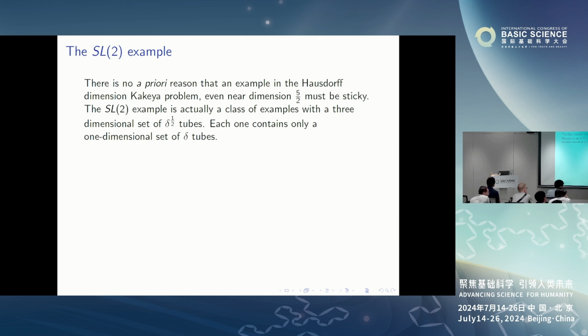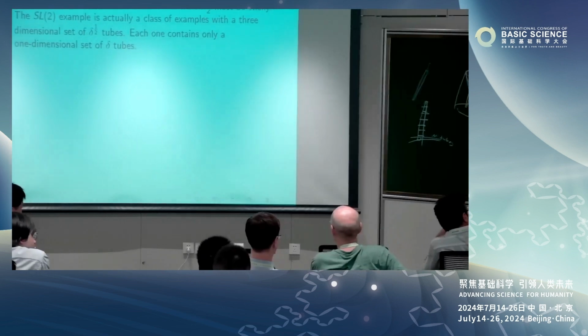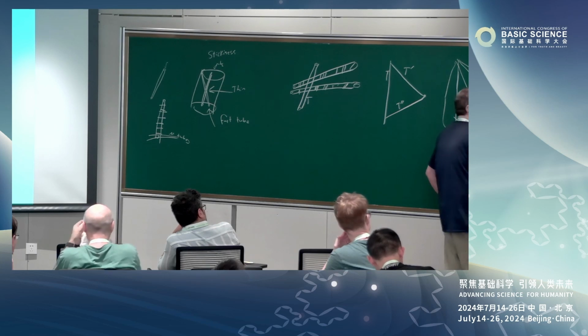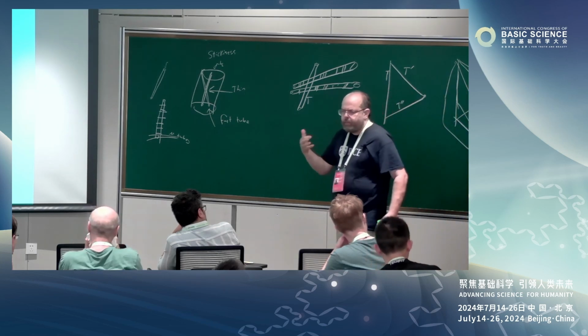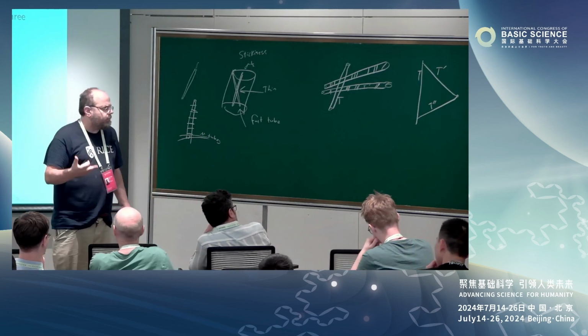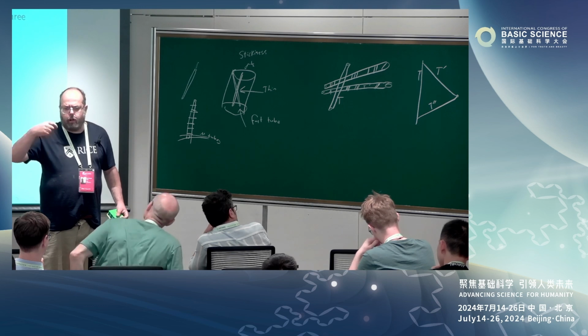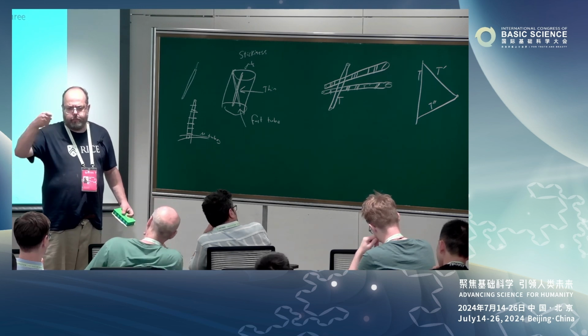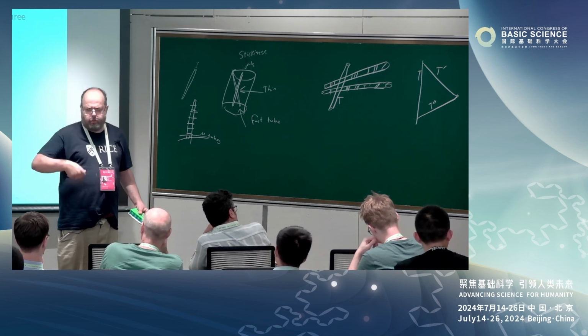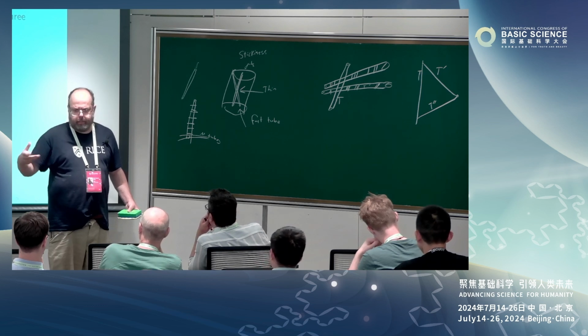And one thing I want to say about that is that it suggests to you that if you have a 5/2 dimensional Kakeya set and somebody just hands you a half-dimensional set of the lines, from that half-dimensional set of the lines, you should be able to generate the entire Kakeya set by just taking all 4-tuples and taking the lines that intersect all 4, and those lines essentially all have to be in it.